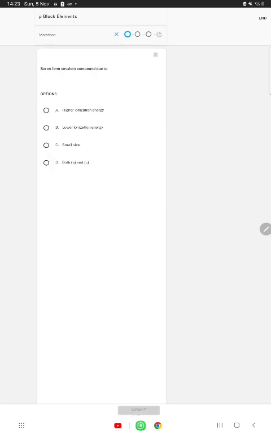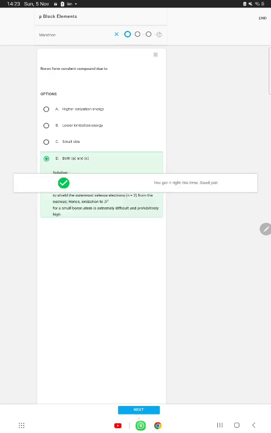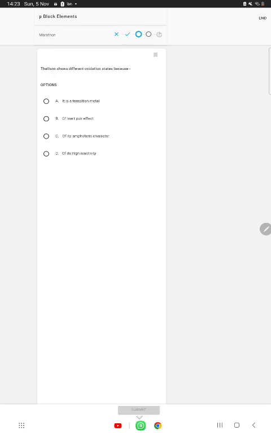Boron forms covalent compounds due to higher... lower... both. Thallium shows different oxidation states because of the inert pair effect.